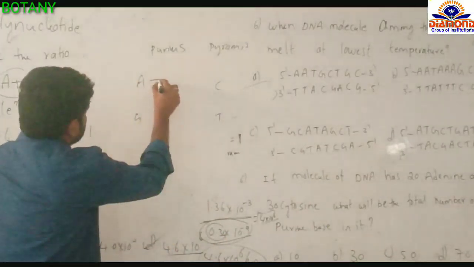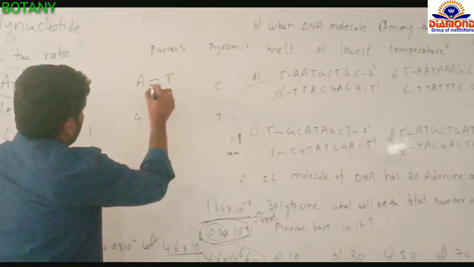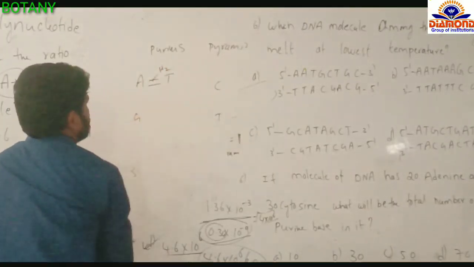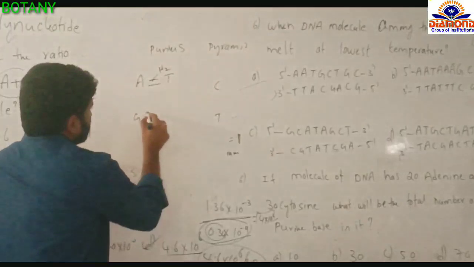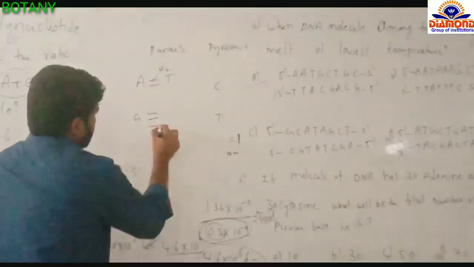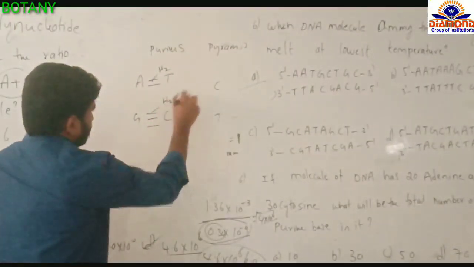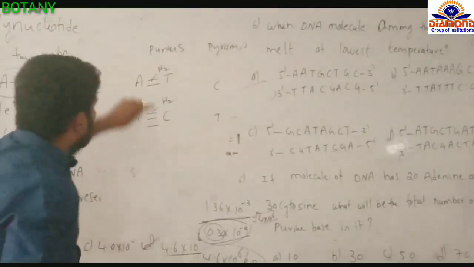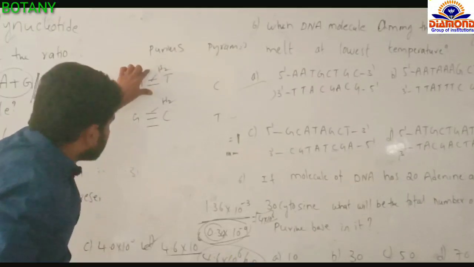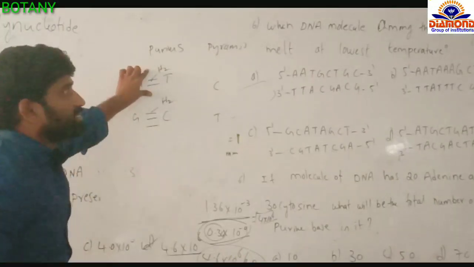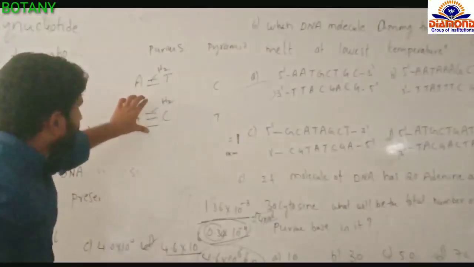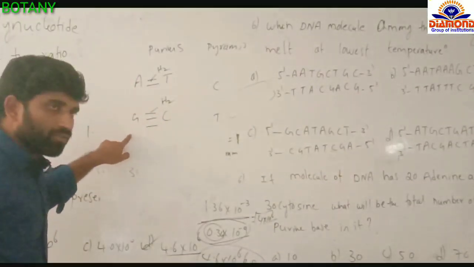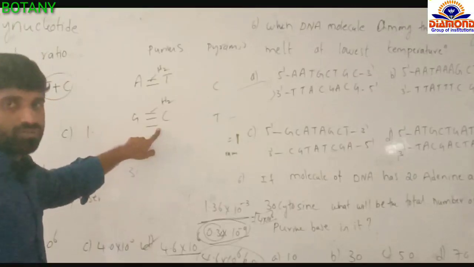Adenine always pairs with thymine with 2 hydrogen bonds, and guanine always pairs with cytosine with 3 hydrogen bonds. If the hydrogen bonds are fewer, the melting point is lower. If there are more hydrogen bonds between the 2 nitrogen bases, the melting point is also higher.